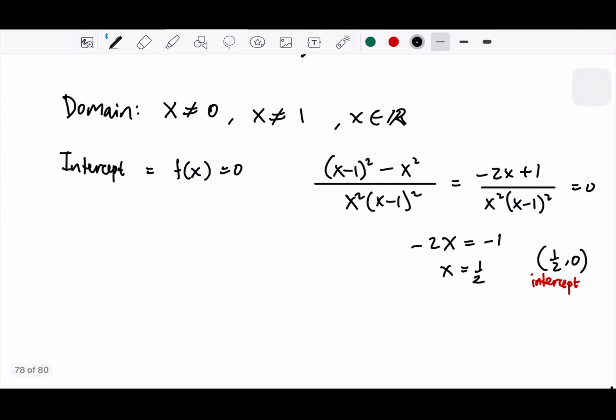And then asymptote. First, we can check the limit. Maybe we can check the limit for the horizontal asymptote first. So x is going to positive infinity or negative infinity. You can write both, but I will just write one here to simplify my process.